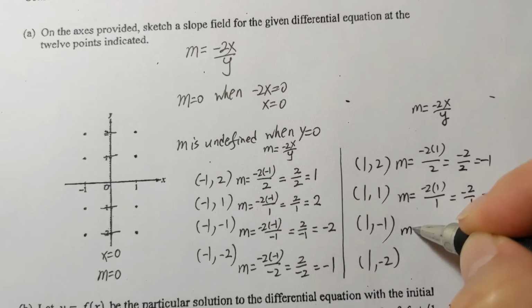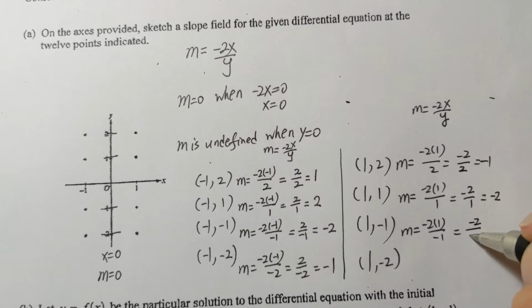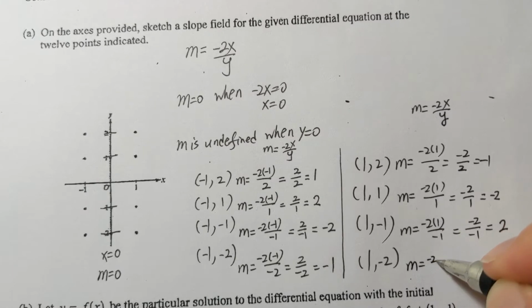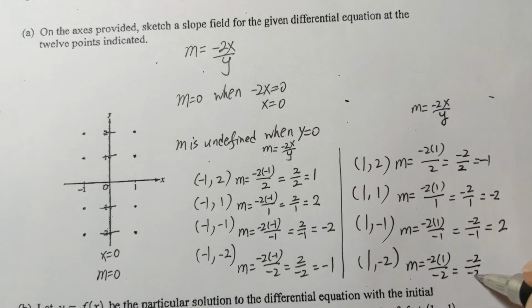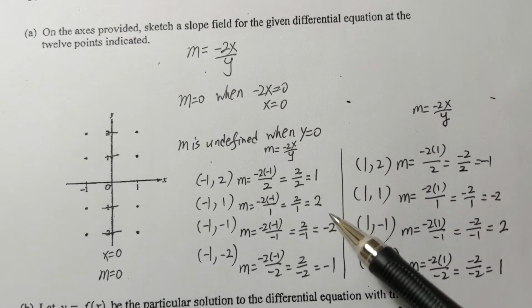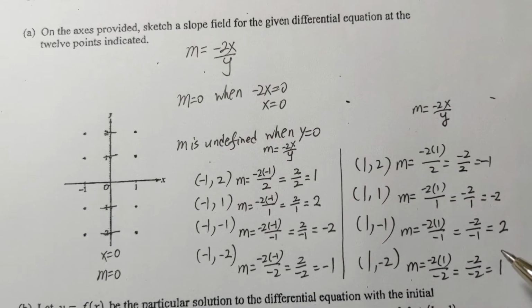Negative 2. 2. And 1. So we got 1, 2, negative 2, negative 1, negative 1, negative 2, 2, and 1.